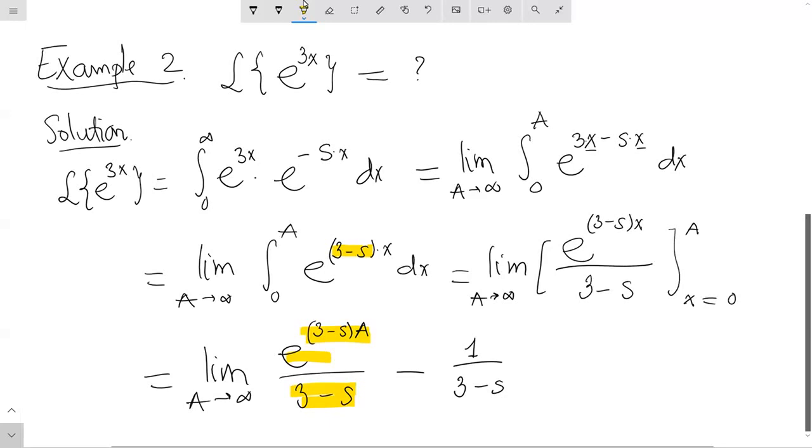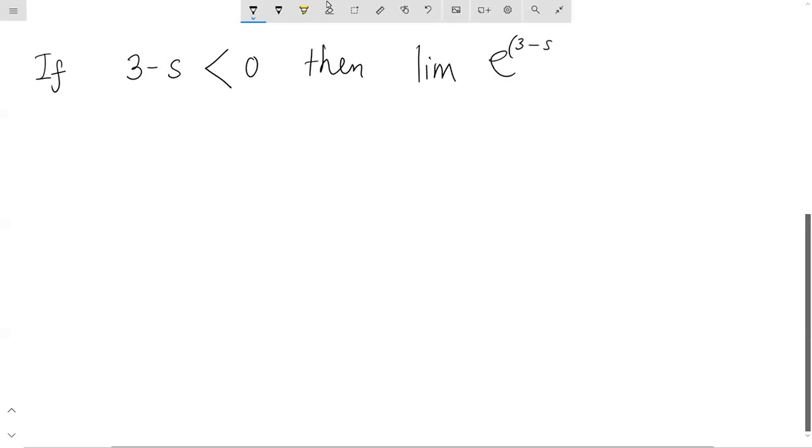So 3 minus s is negative. Let me just write down. If the coefficient 3 minus s is negative, then the limit of e to the 3 minus s times a over 3 minus s here, a goes to infinity, would be 0.